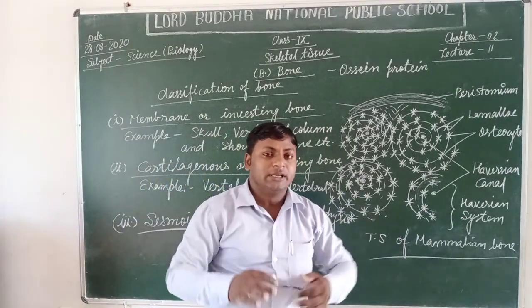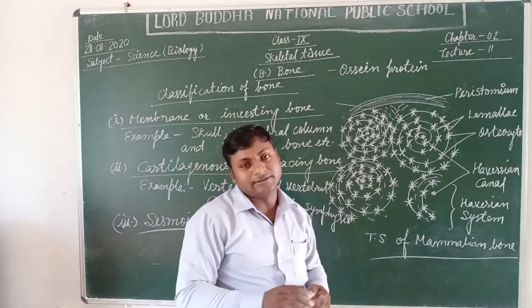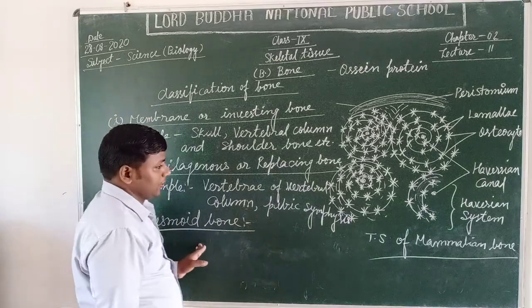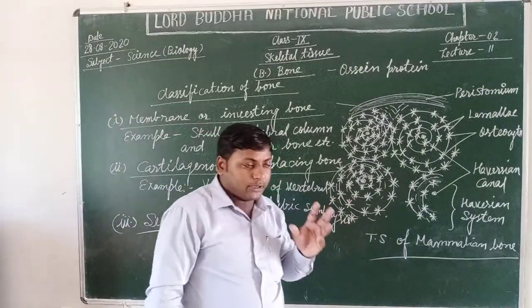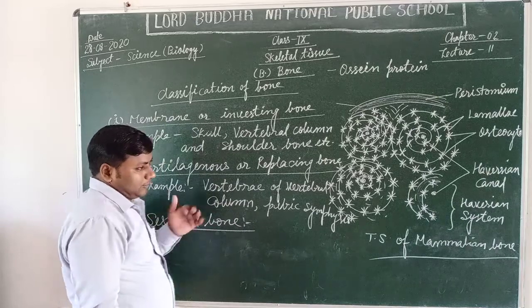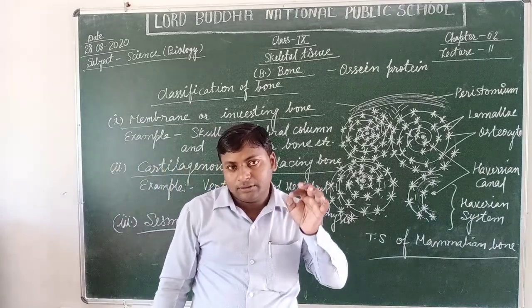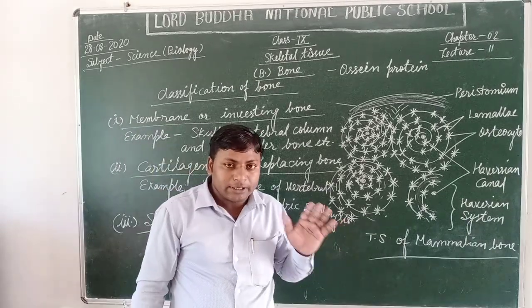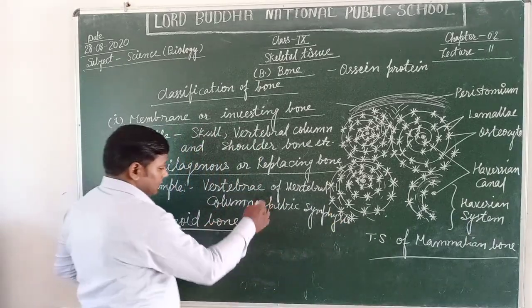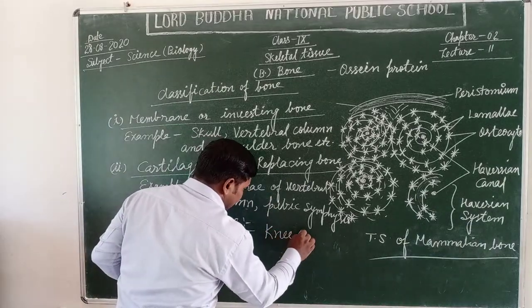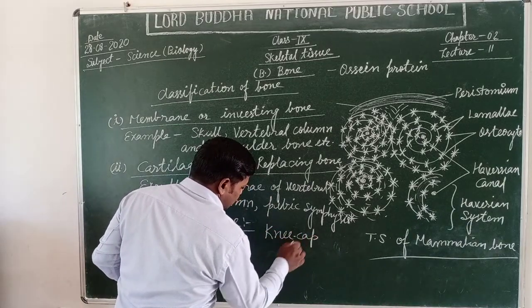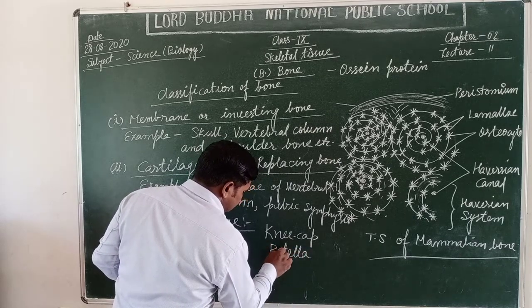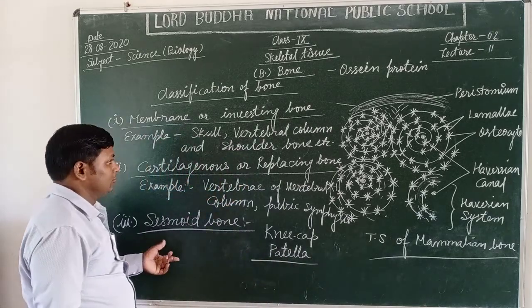Yes, students, it means where the tendons and ligaments are present, they develop on such a body part, and after a certain point the development of such bones stops. They are mainly found in the kneecap, also called the patella. The patella of our hind limbs is the best example of sesamoid bone.